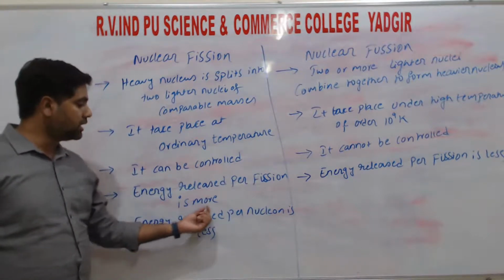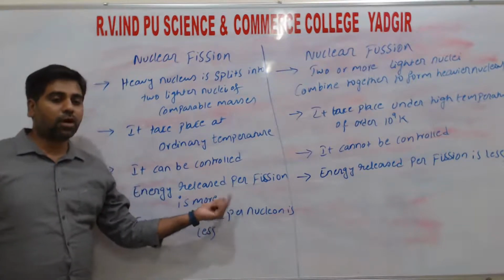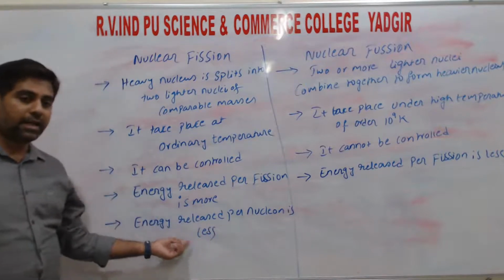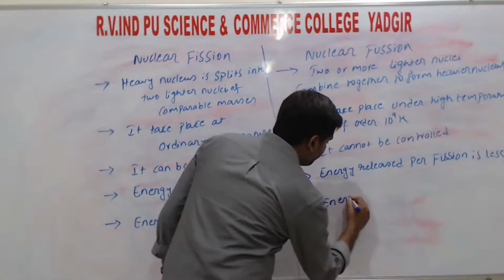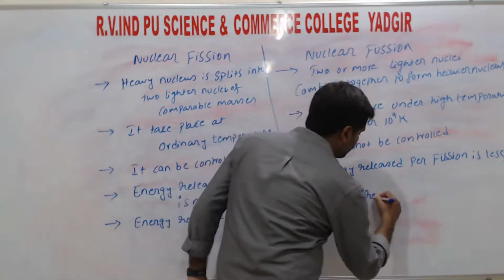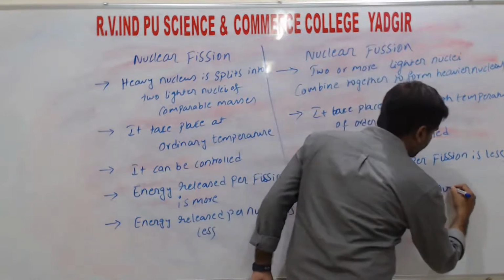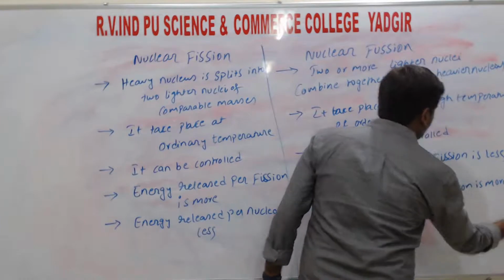So here the energy released per nucleon. For one nucleon, that is for one proton or one neutron, that energy is very less, right? So here the energy released per nucleon is more or high.